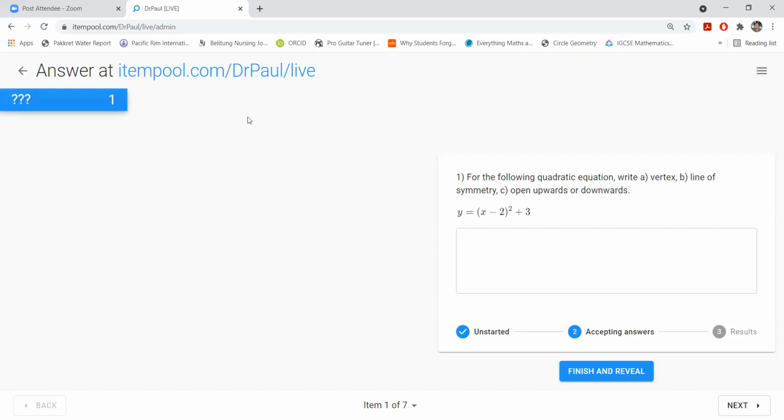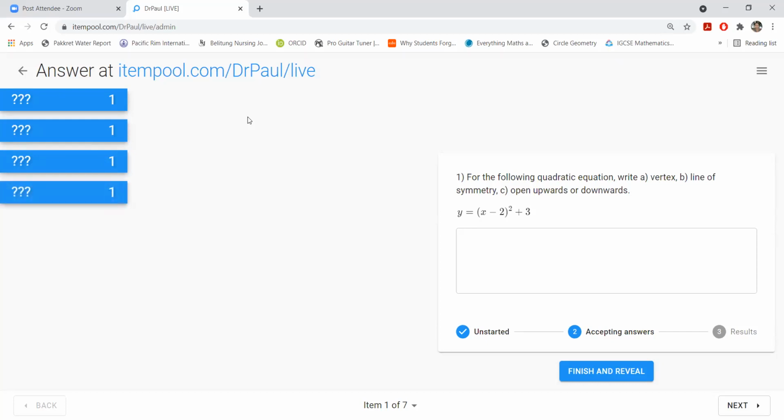So you have 3 things to answer: the vertex, the line of symmetry, and open up or open down. Right, got 3 answers. Don't worry if you're wrong, put something in. This is how you get some score. By participation is the easy thing to get a high score.